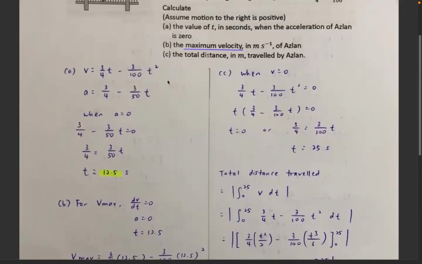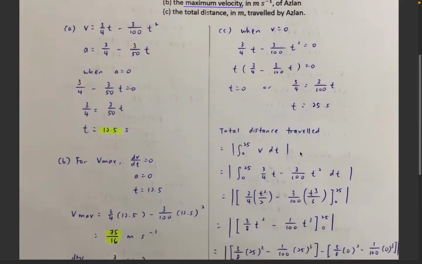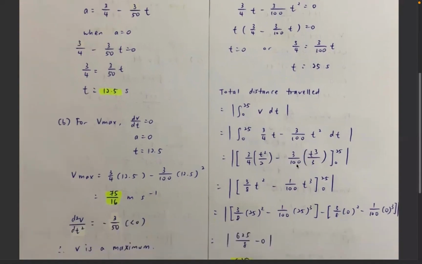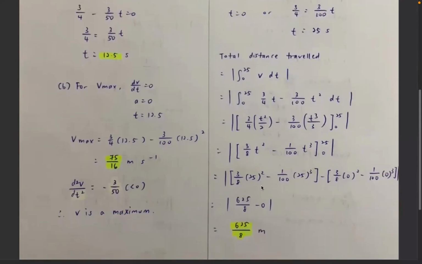Without a displacement function, if you want to get the total distance traveled, you can integrate v dt straight away, because after you integrate the velocity function, it will be the displacement function. So I substitute the velocity function inside, do integration, simplify, and then substitute 25 into the function, minus substitute 0 into the function. Then we have the answer 625/8 meters.